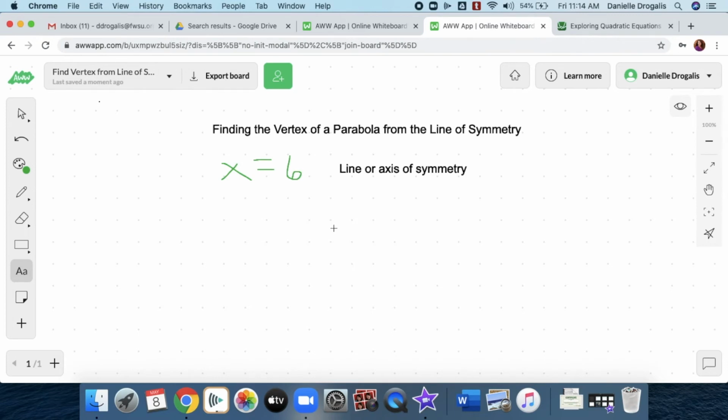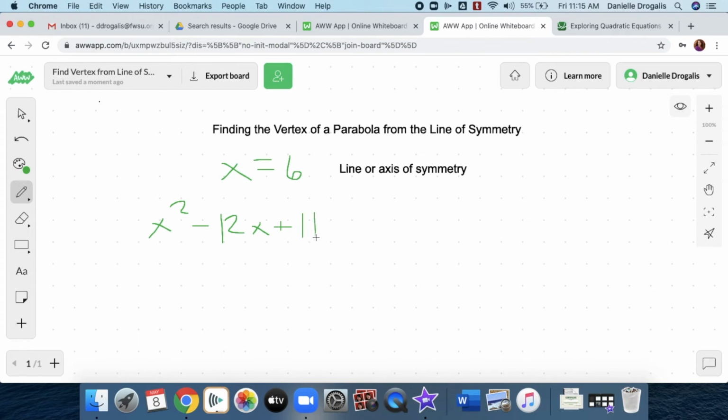Let's say we have factored form and standard form. I'm not going to show this with vertex form because, again, you can just lift the answers right out of vertex form. So let's say we have the standard form of a parabola, x squared minus 12x plus 11.